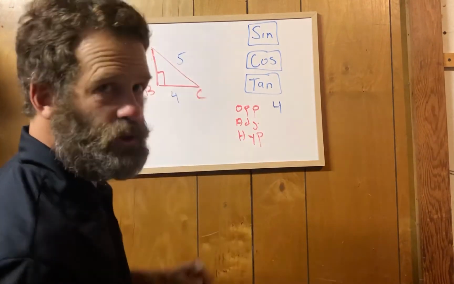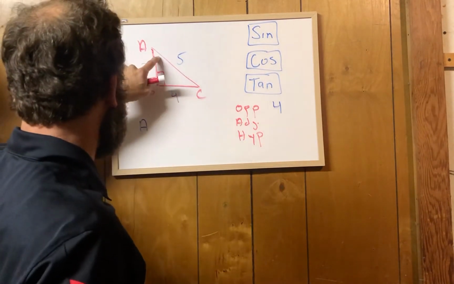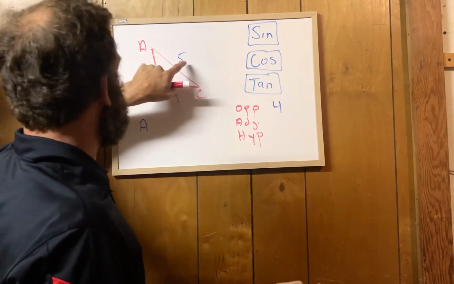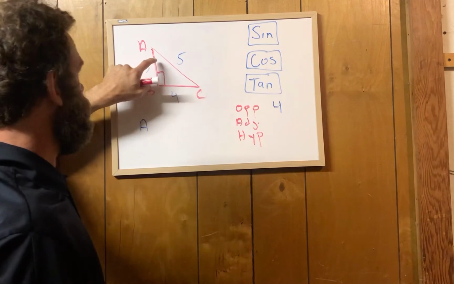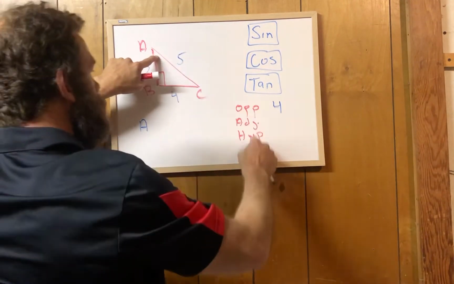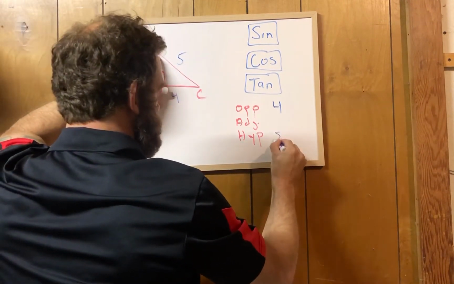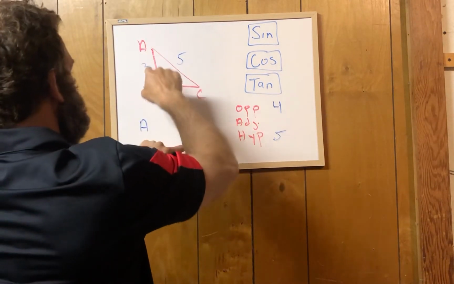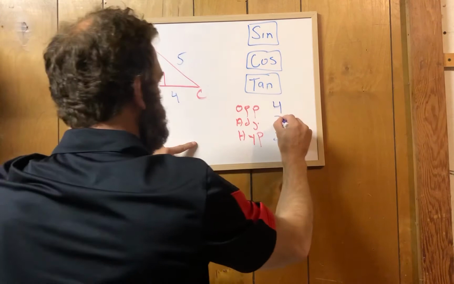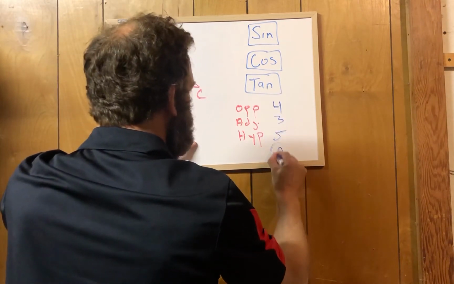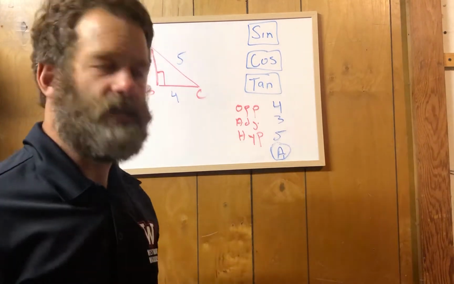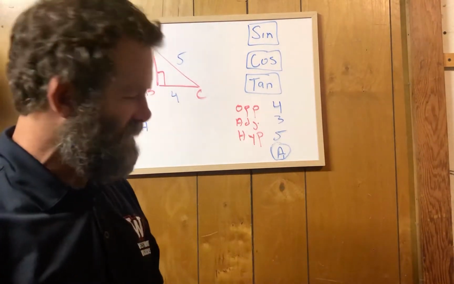It's the other shorter leg. So from angle A, there are 2 sides that are next to it, side 5 and 3. 5 is always my hypotenuse. The side that's adjacent from angle A is 3. That's the side that touches it. So from angle A, these are my sides. This will all make sense in a couple of minutes.